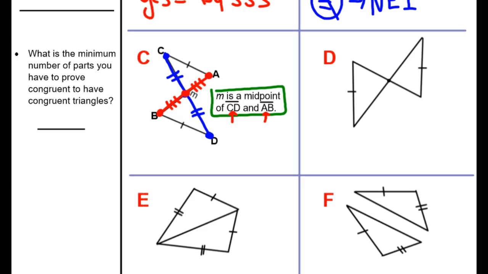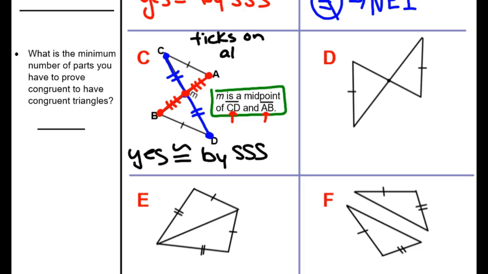And so now we look at this triangle, and do we have enough information to prove them congruent by side, side, side? The question is, are there marks on all of the sides? And we say, yes, they are congruent by side, side, side. There are tick marks on all sides.